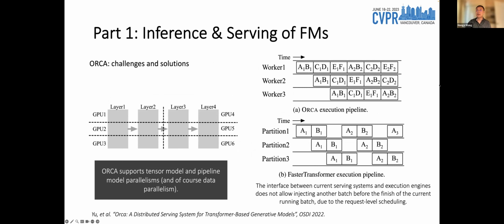And since we're doing iteration-based scheduling, we don't have to wait until the batch is fully decoded. That means we have better control of the granularity of pipeline parallelism, so Orca has the opportunity to fill the pipeline bubble with smarter scheduling.